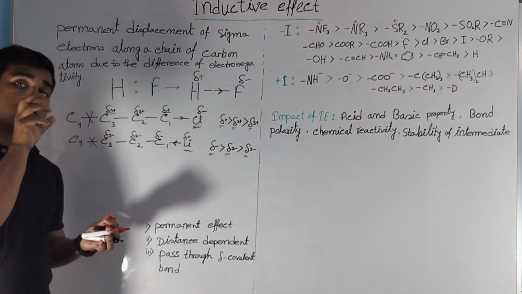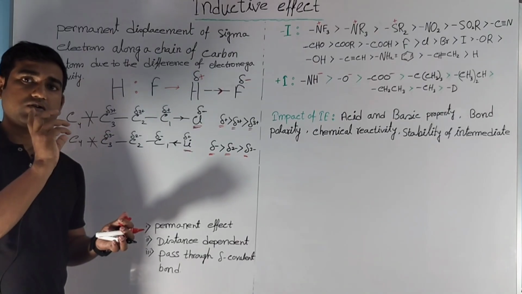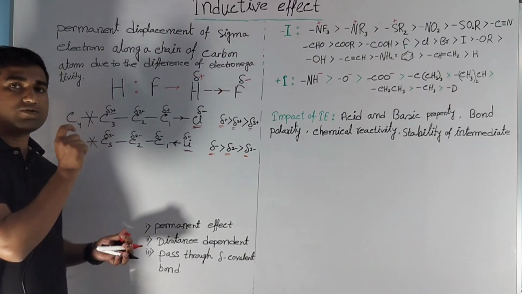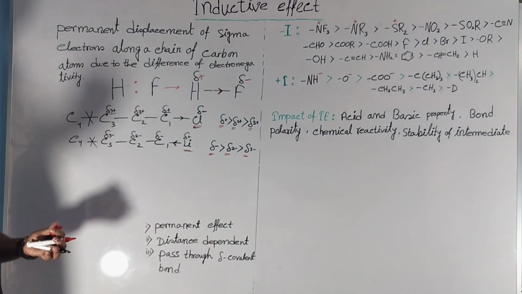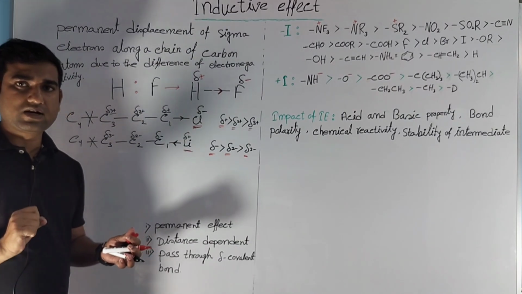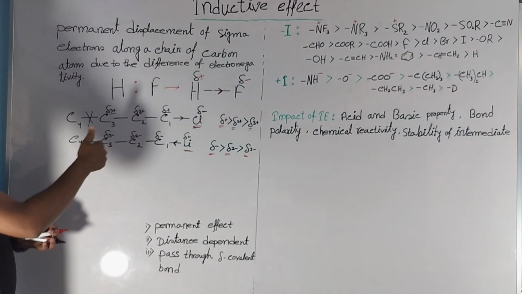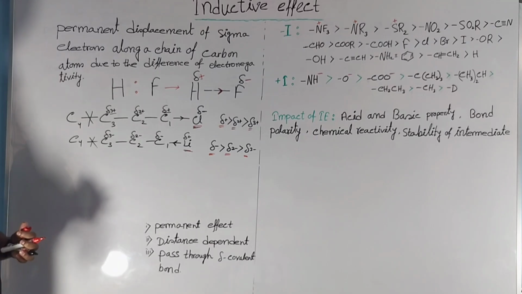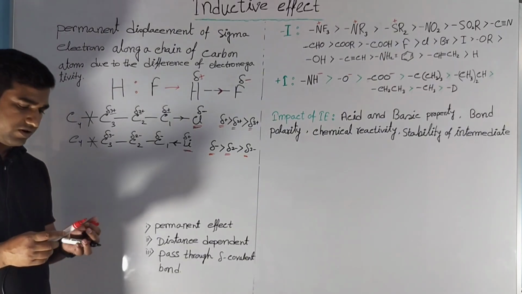But when an electron donating group or atom is attached to a carbon chain, what happens? It pushes the electrons to the carbon chain, to the hydrocarbon, and it develops a partial negative charge on the carbon chain. Okay, have you got my point?